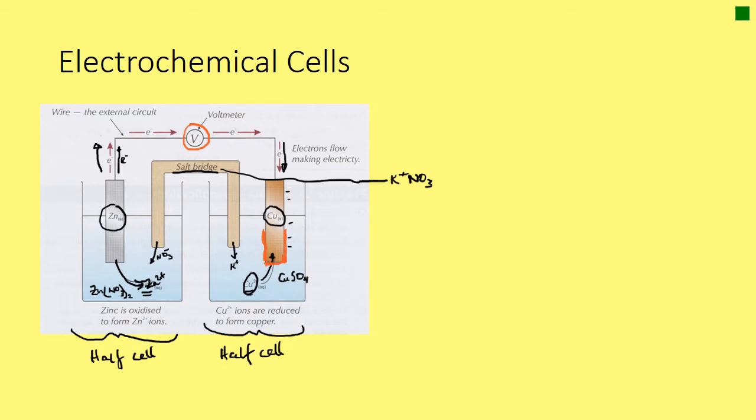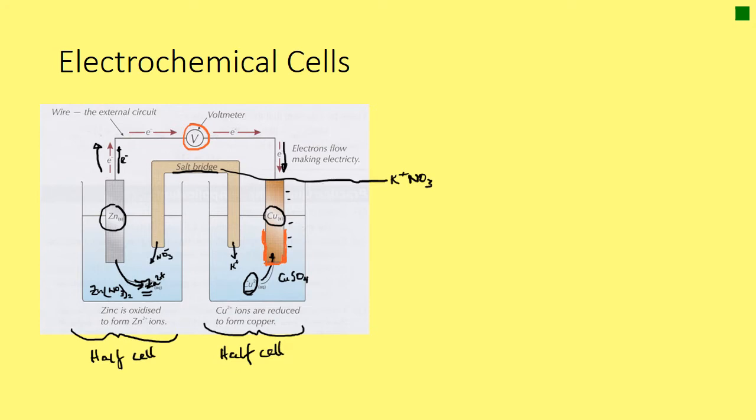And of course the opposite is going to happen here. What's happening here is we've got copper ions coming out of solution and forming copper metal on top of the copper electrode. So you're losing positively charged ions here, and so to replace the positively charged ions you're going to get positively charged ions coming from the salt bridge, just to maintain the charge.